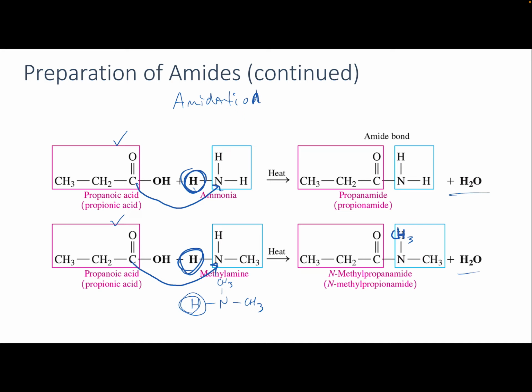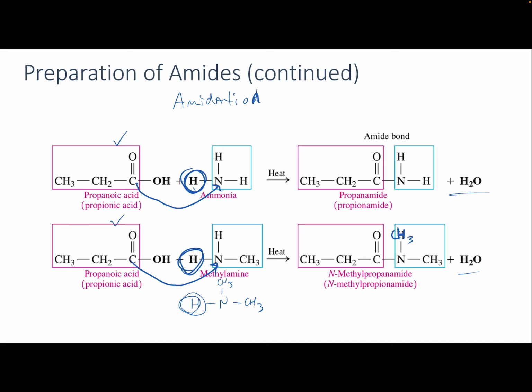I'm not really sure on the origin of that name, but amidation makes more sense to me. And these work best with carboxylic acids, primary and secondary amines, and a little bit of heat. Can add some energy. Now, we don't go into all the mechanisms here. It is a little more complicated than that, but we won't go into all of that.